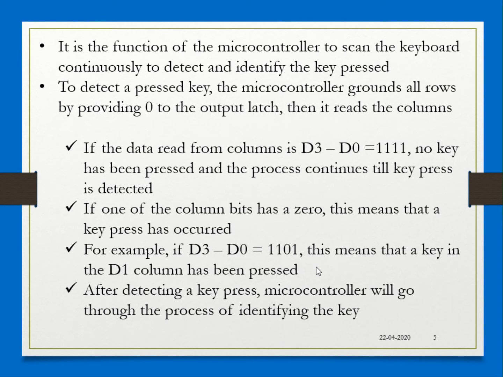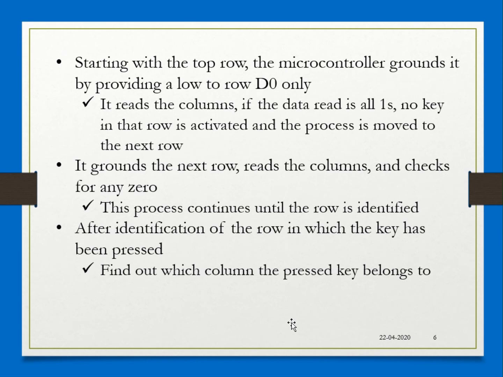So the first task would be scanning whether a key is pressed. That is what the microcontroller usually does. The next task is to identify which key is pressed. In today's discussion, we will limit ourselves to scanning whether a key is pressed or not.